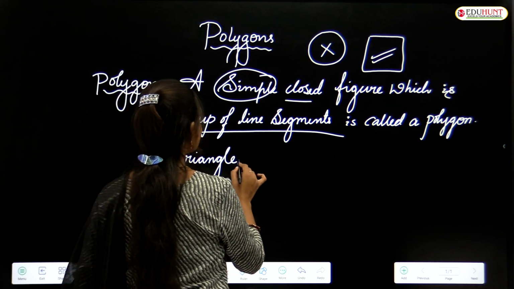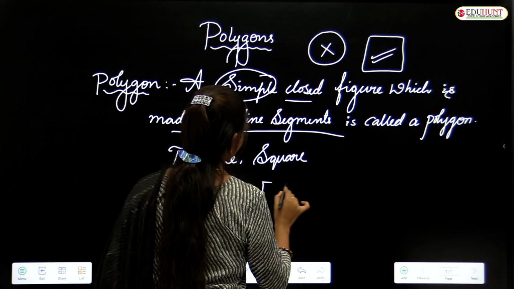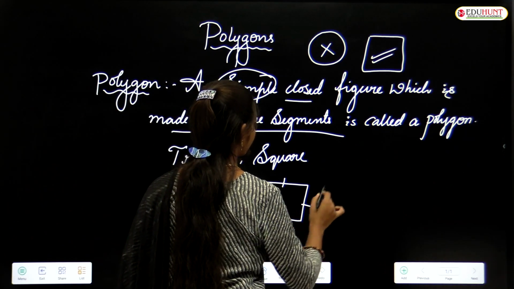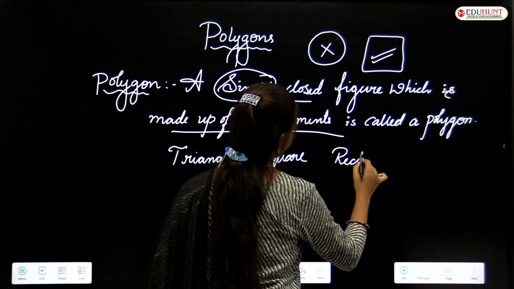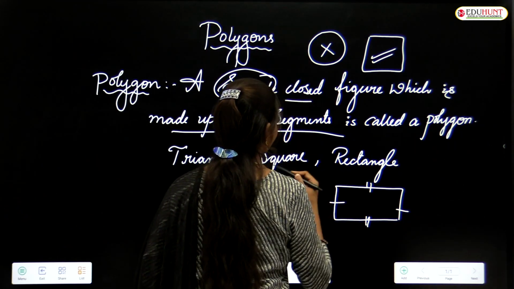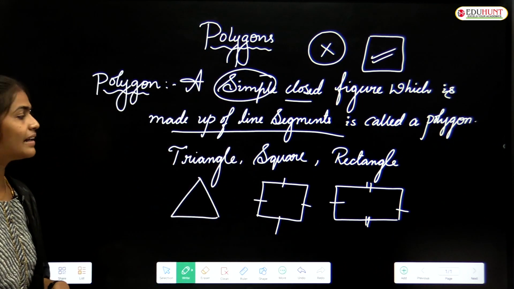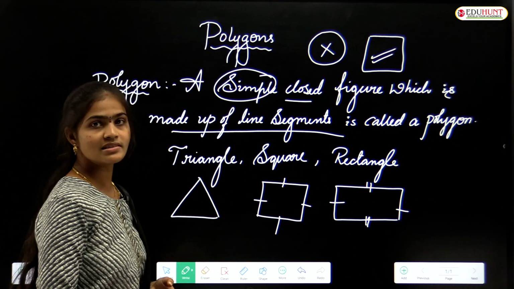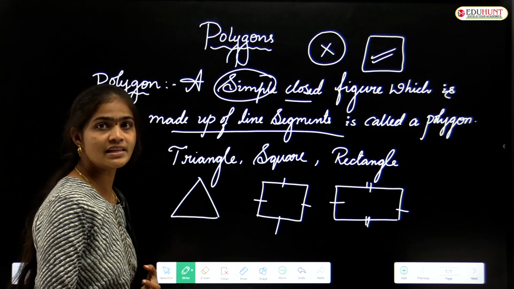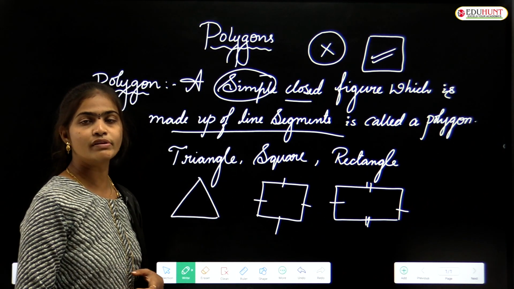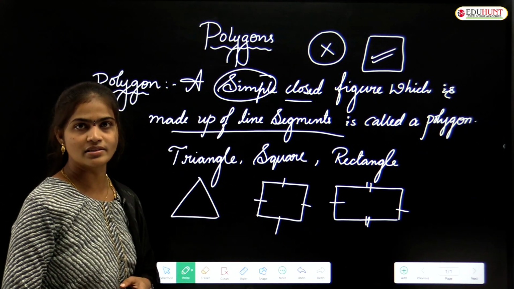Next, square, and here rectangle. These all are examples of polygons. Observe that these all are polygons, these are all simple closed figures which are made up of line segments. So we will call all these figures polygons.